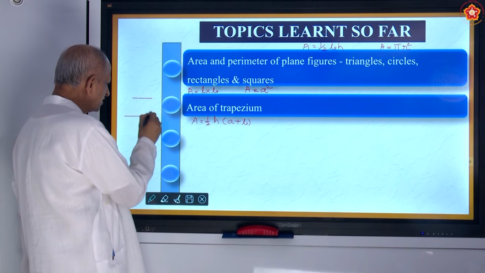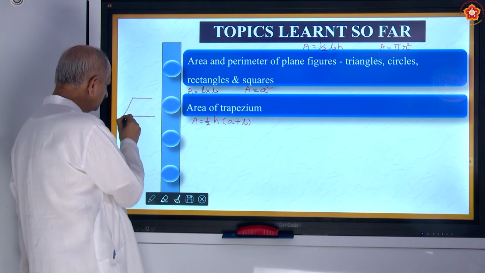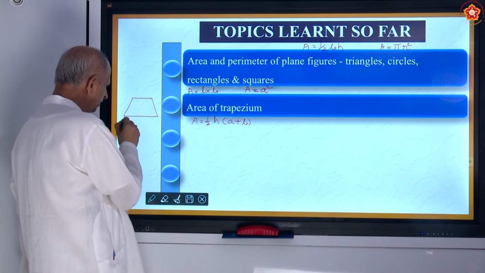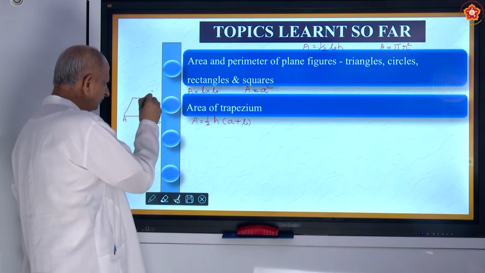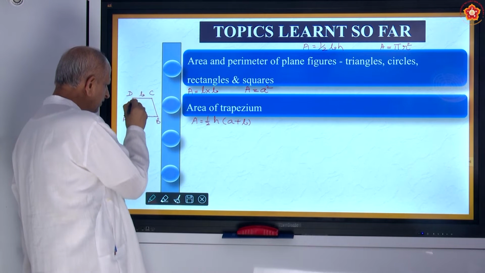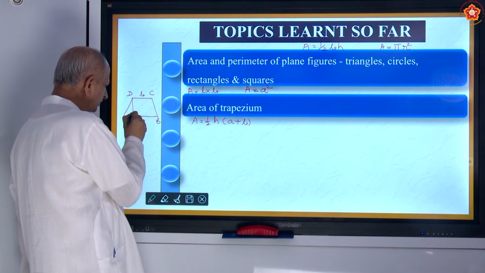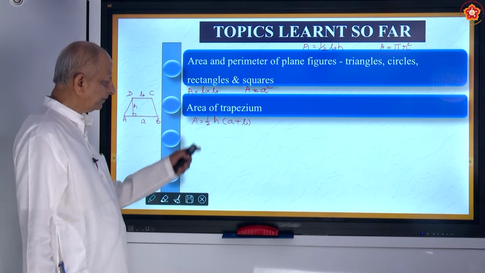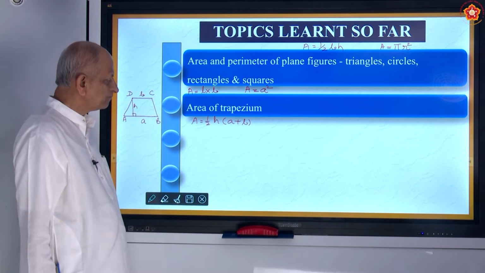H is the height. Suppose this is a trapezium. Suppose you call this as ABCD. The parallel sides are called A and B. And this is called H. It is height. So that is the formula for area of trapezium.